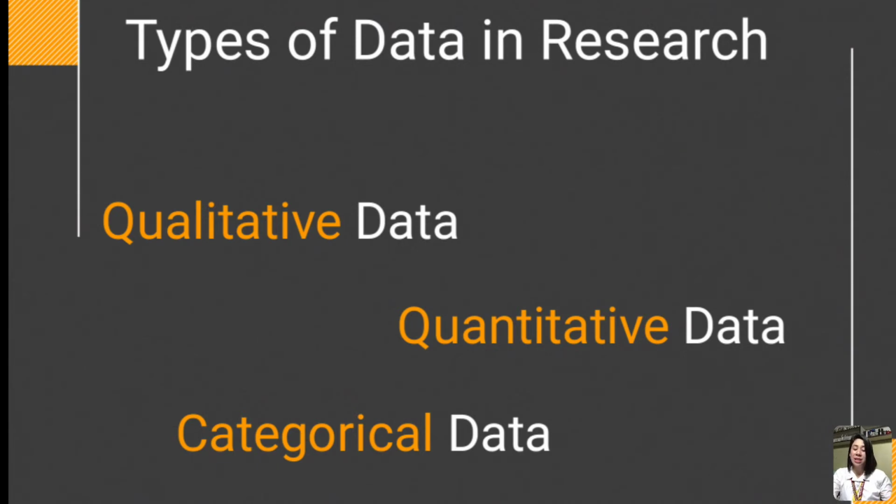We have qualitative data. When the data presented has words and descriptions, then we call it qualitative data. Although you can observe this data, it is subjective and harder to analyze in research, especially for comparison.